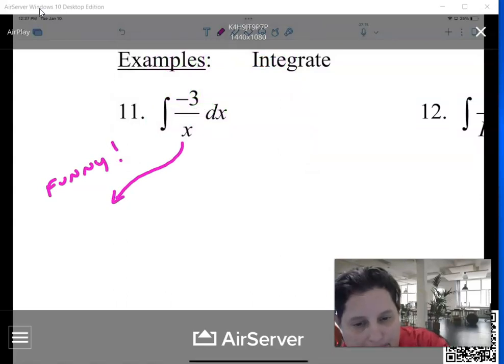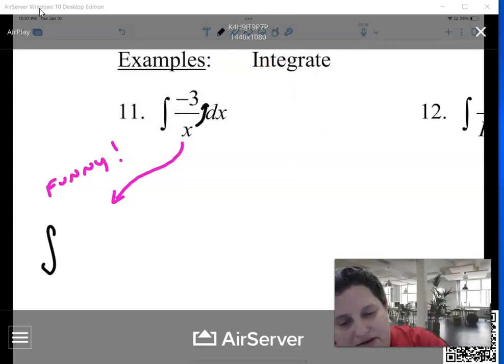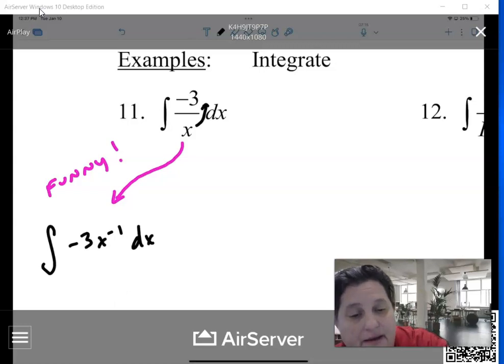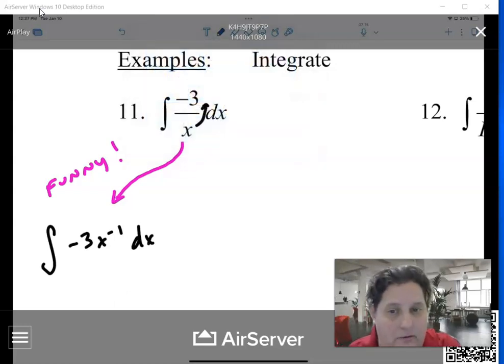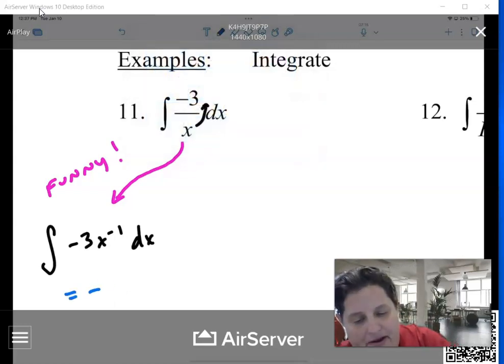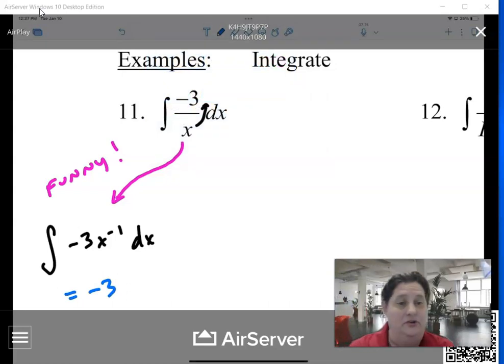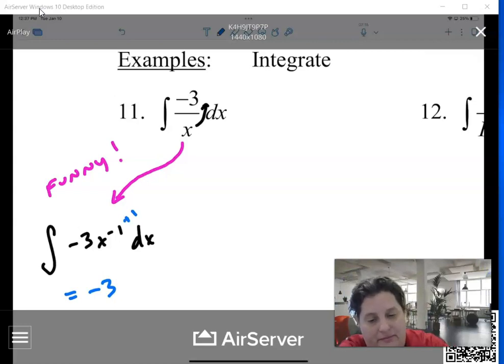If I said, oh, I'm going to bring this up, and it's going to be negative 3x to the negative 1, and I'm going to integrate it using the power rule. What would happen if I tried to integrate this using the power rule? Well, we add 1, right? So that'd be x to the 0 over 0.